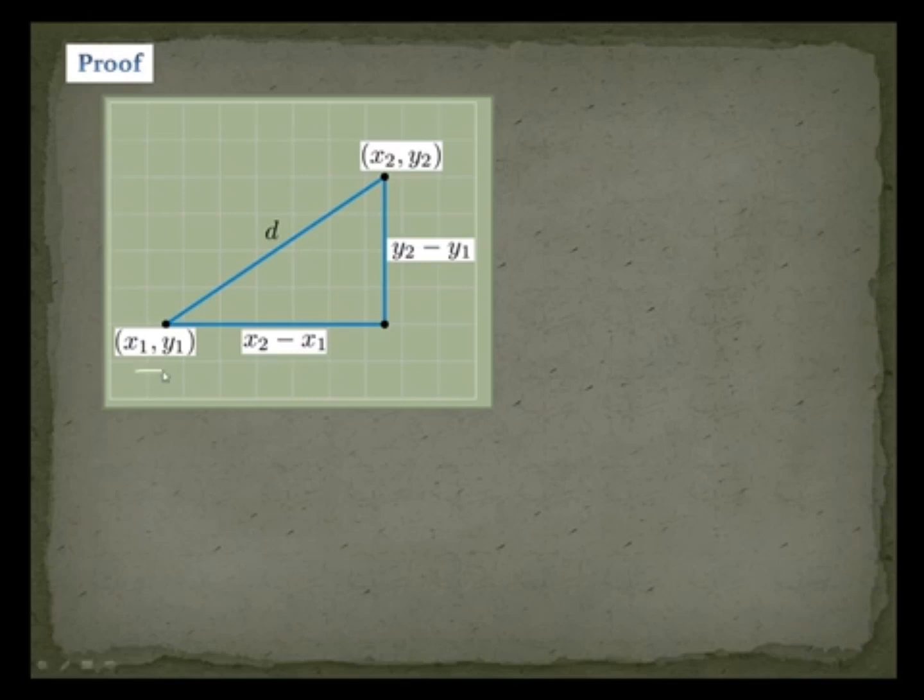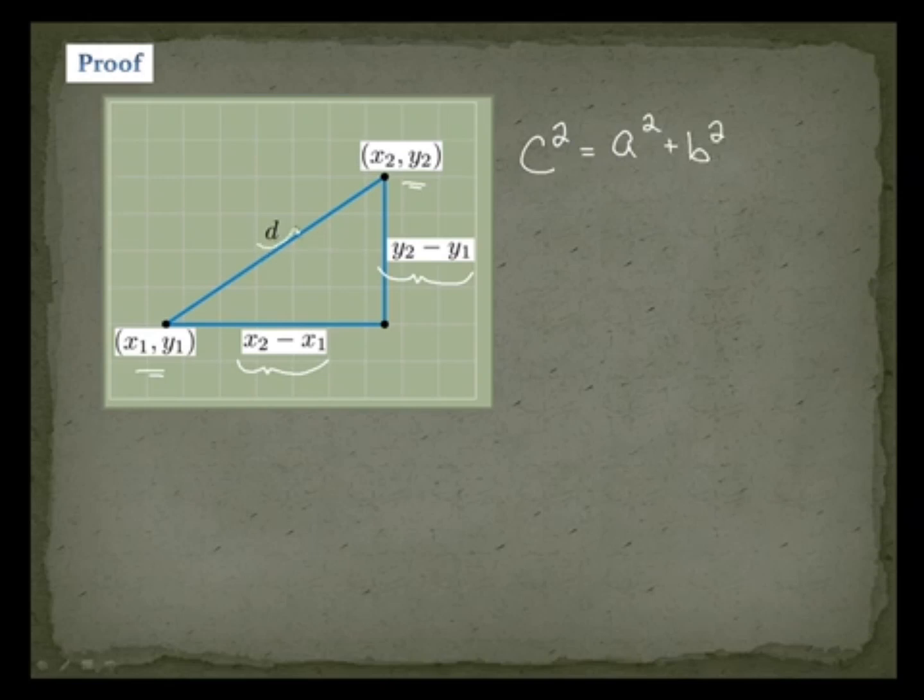So here's my P1, point 1, and here's my point 2. And this is the distance between the x values, and this is the distance between the y values. And what we're going to use is the Pythagorean theorem. C squared equals a squared plus b squared.